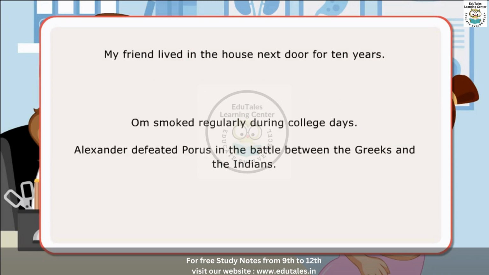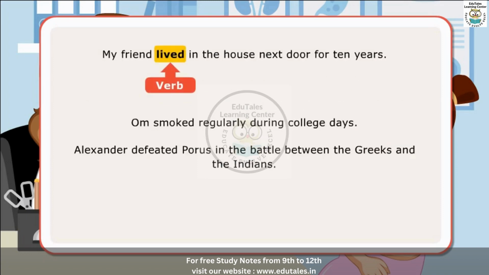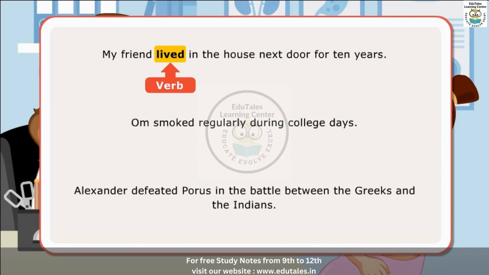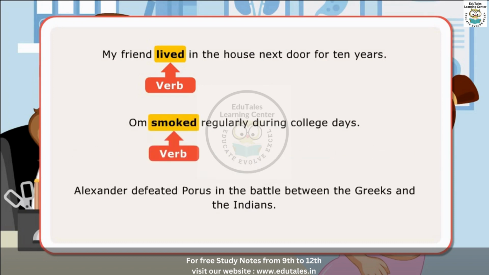In the first sentence, the verb lived tells us what happened in the past for some time and is simple past tense. In the next sentence, the verb smoked is simple past tense as it tells about a past habit.